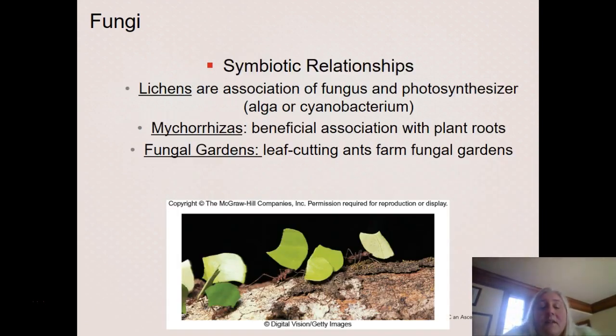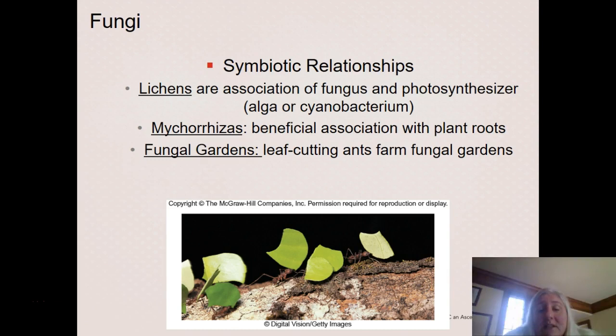So some important relationships that fungi can form. Fungi can form lichens, which is a mutualistic symbiosis between fungi and cyanobacteria or algae. And what happens is the cyanobacteria gets protection from the fungi, and the fungi gets food from the cyanobacteria or from the algae.